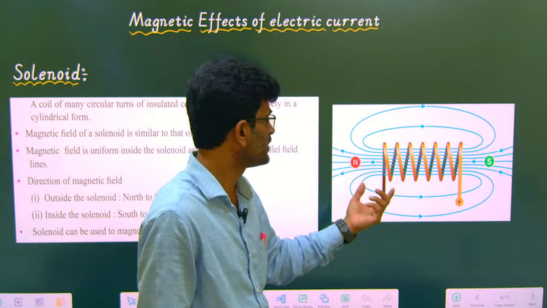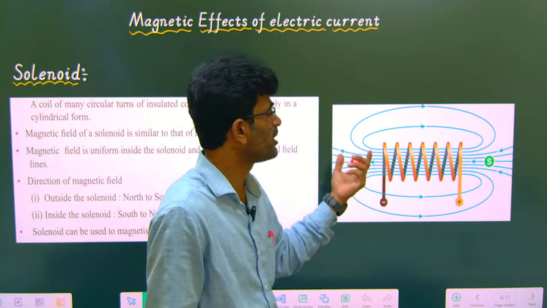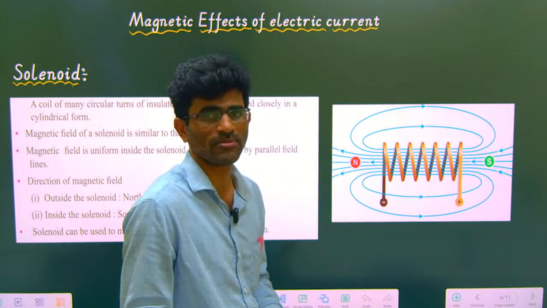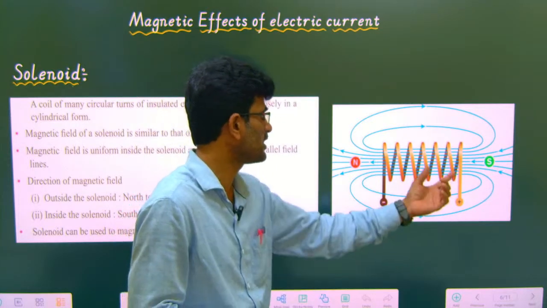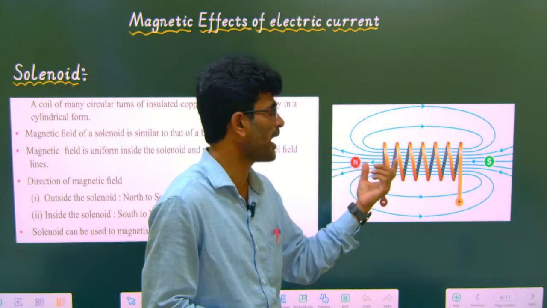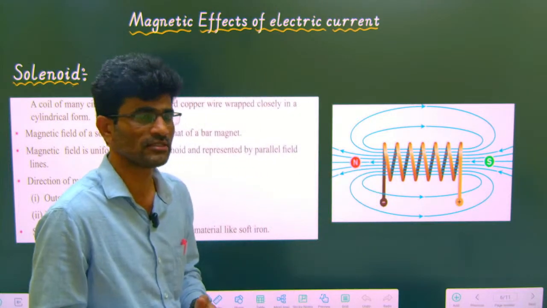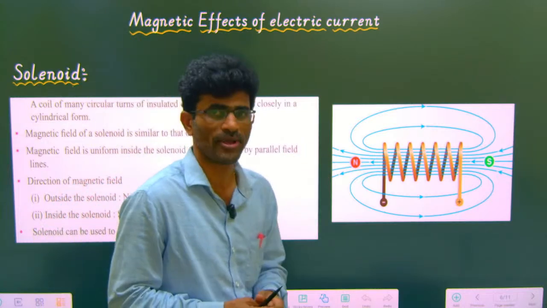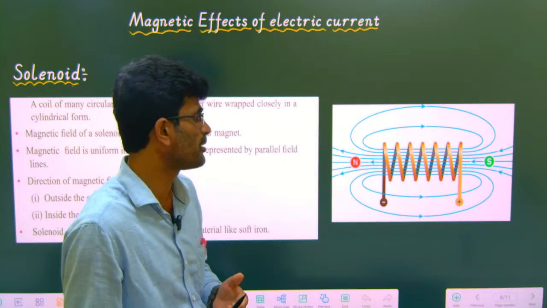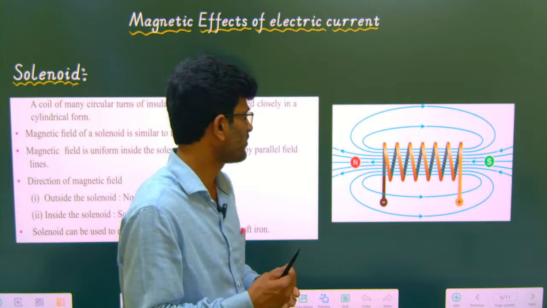When you switch off the current, or when you remove that soft iron rod, it behaves as a normal iron rod. But when you are keeping it inside the coil, it behaves as a magnet. So as per your convenience, you can use that electromagnet. Whenever you want, you can change it into a magnet, and whenever you don't want, you can make it a normal soft iron rod.